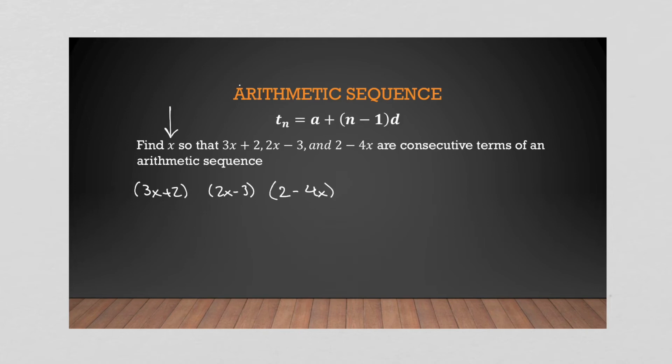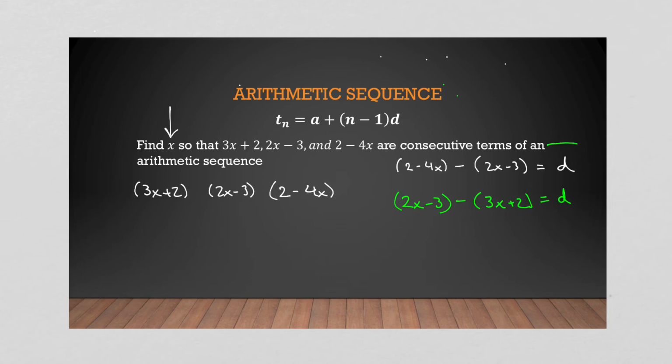If you think about term 2 minus term 1 versus term 3 minus term 2, we could say that, okay, well, 2 minus 4x as term 3 minus 2x minus 3 as term 2 should give us a common difference. At the same time, we can identify the fact that term 2 minus term 1 should also give us the difference. Now in the full video, I've solved those out and then set them equal to each other. In this one, we'll do it all at once.